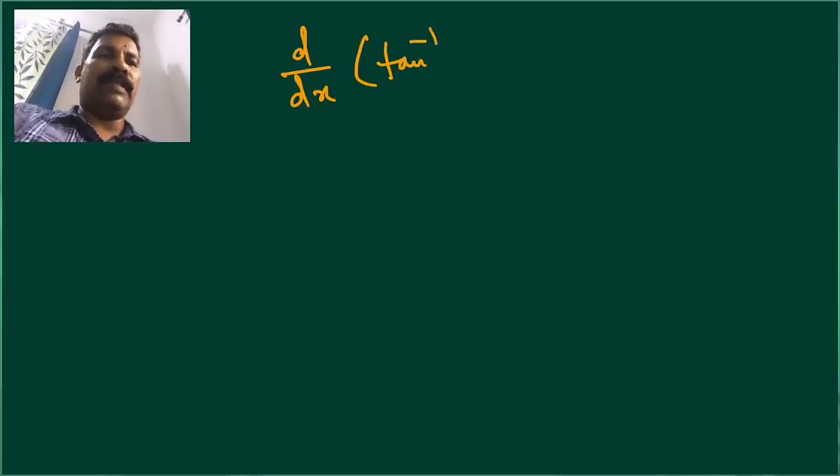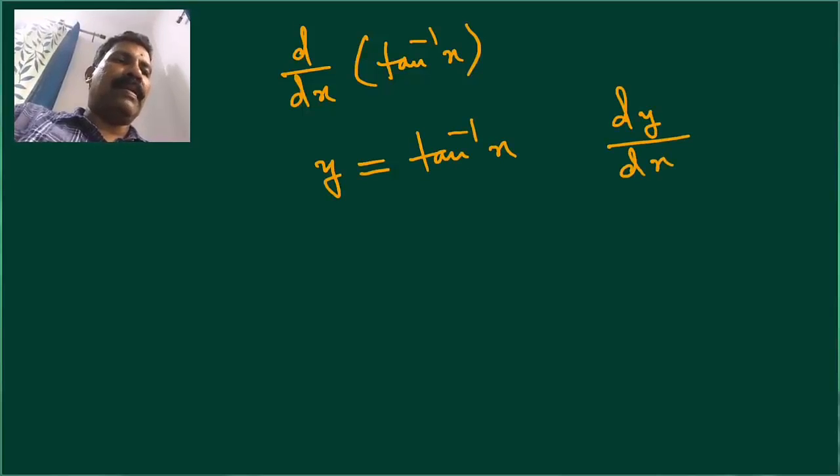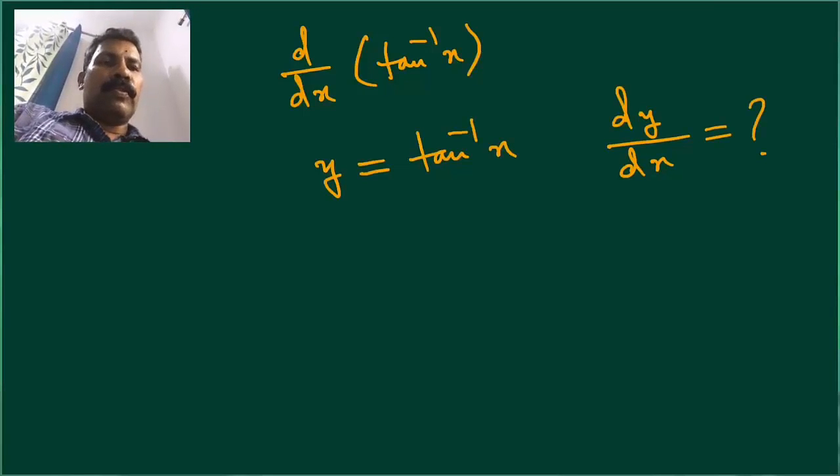Okay, one more question in this pattern: find the derivative of tan inverse x. So y is equal to tan inverse x is given, we have to find dy by dx.